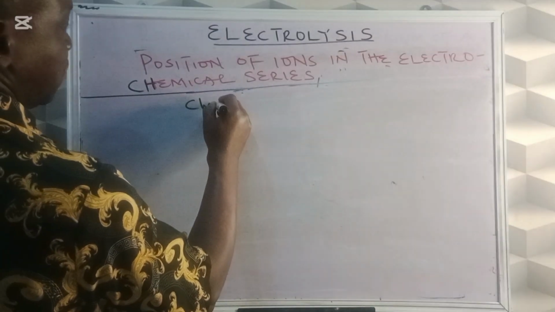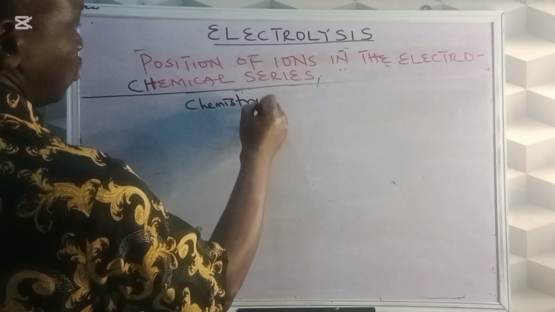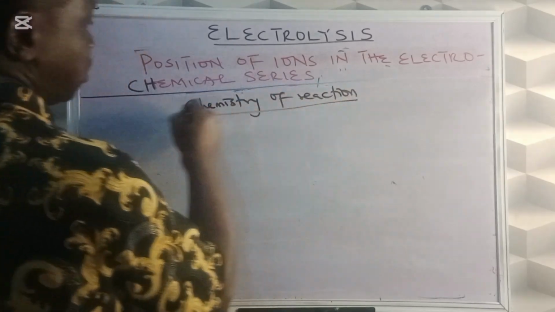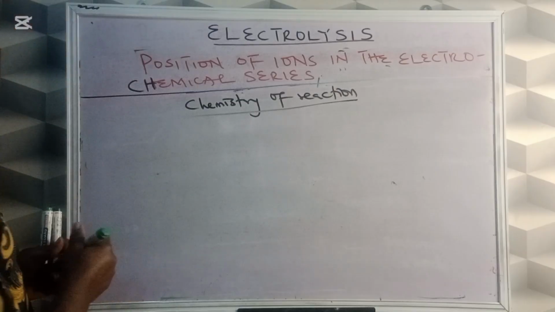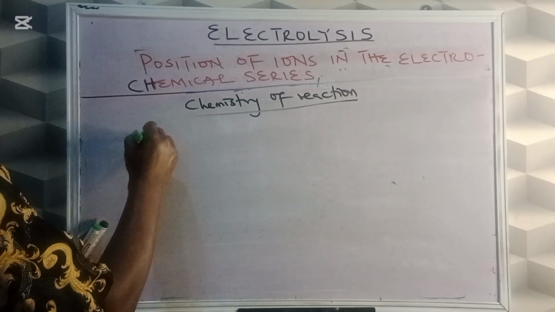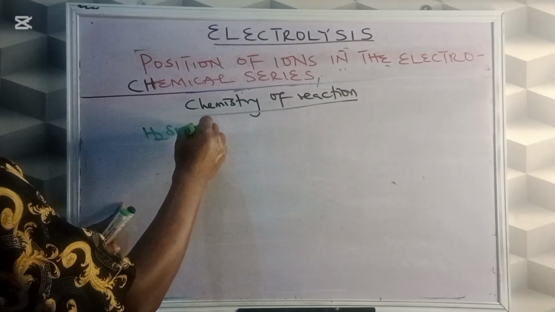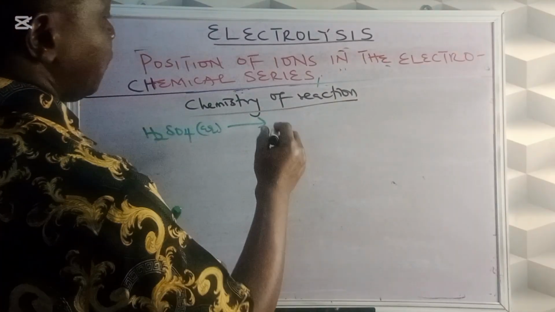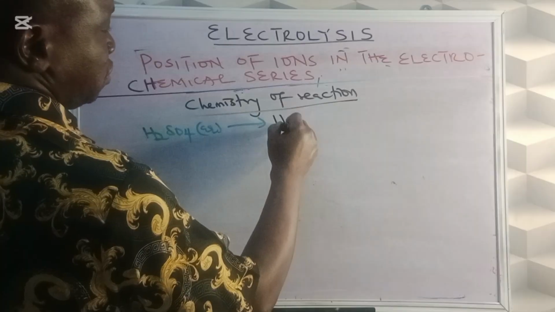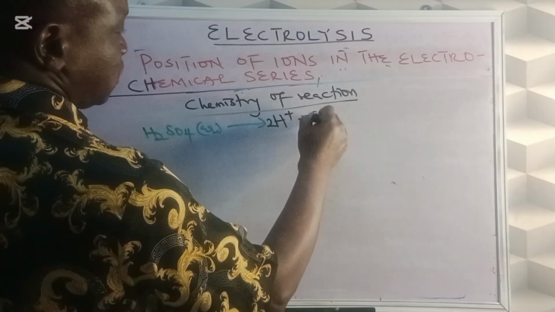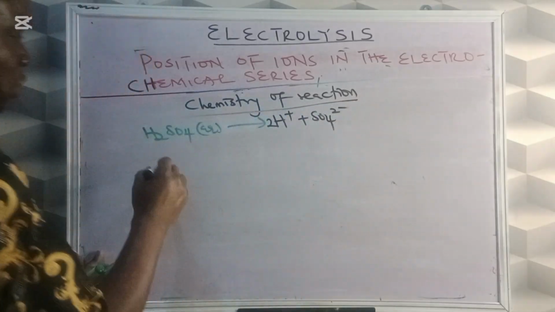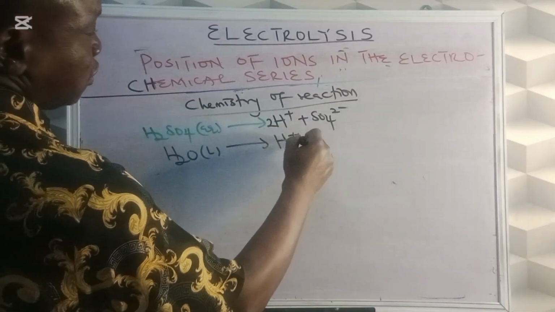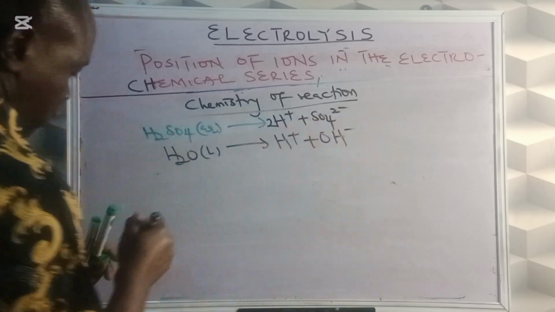So, the chemistry of reaction, or mechanism of electrolysis. In that voltameter, H2SO4 is there, so it will give you hydrogen ion plus SO4 2 minus. Then water gives you hydrogen ion plus OH minus.